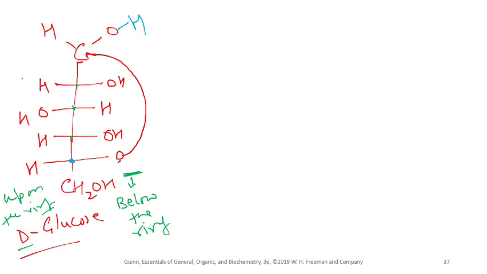Now you can see a cyclic structure already formed here, closed from all ends. How many atoms do you have in there? 1, 2, 3, 4, 5, 6. Out of the 6, 1 is oxygen, 5 is carbon. The best structure is hexagonal. This is your hexagon, right?